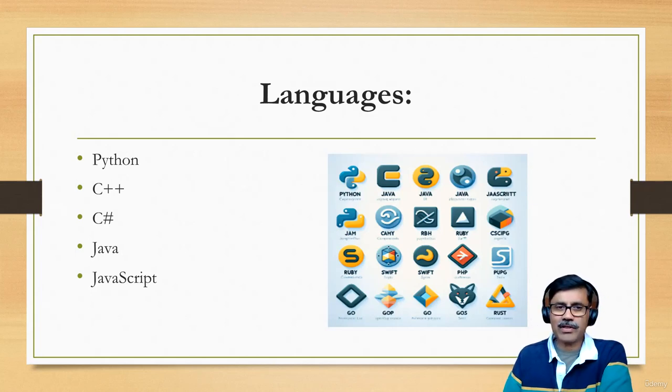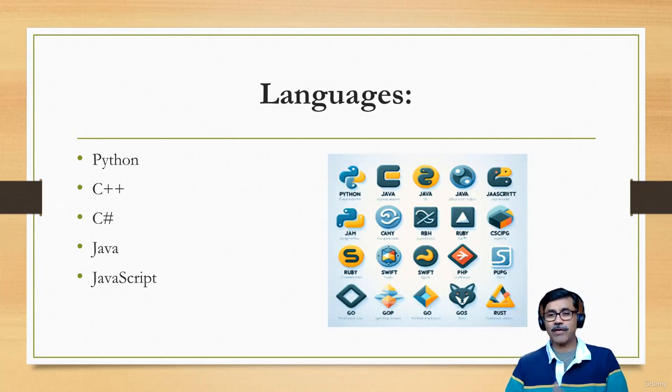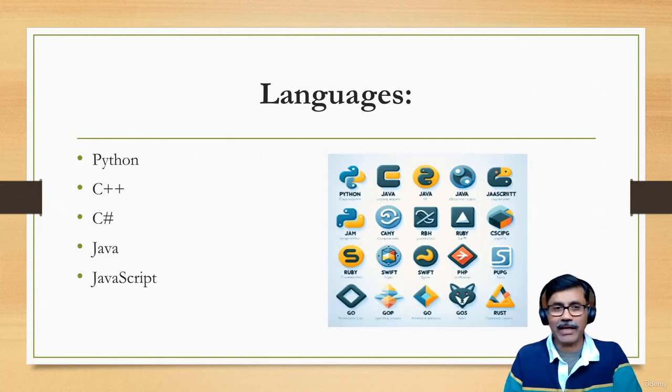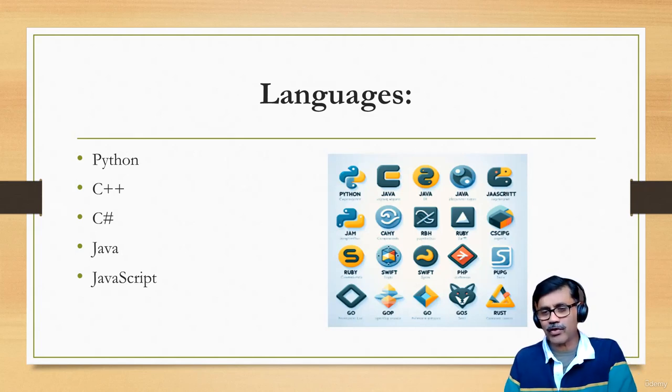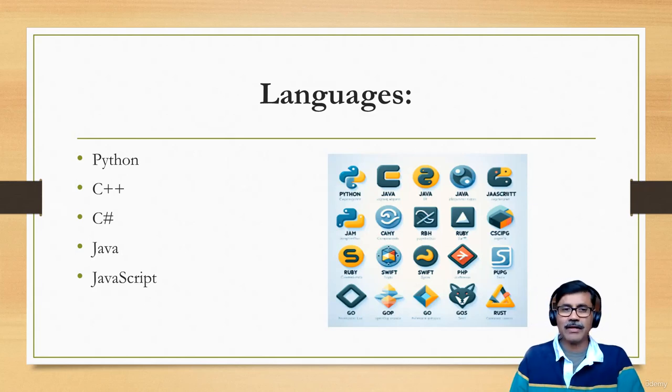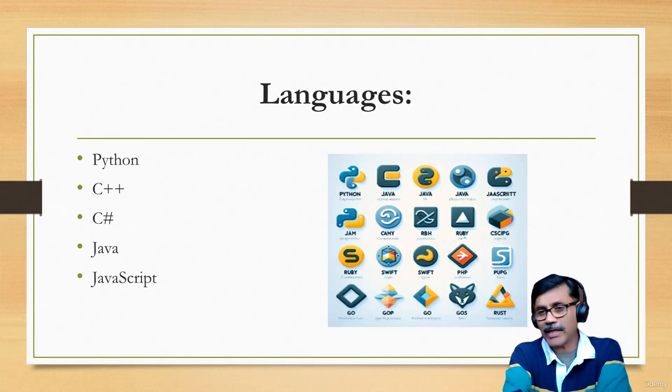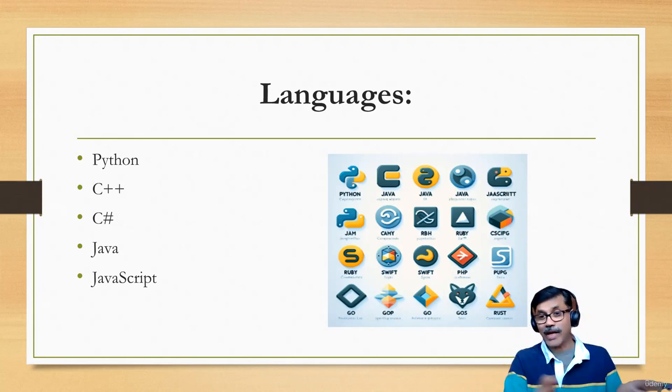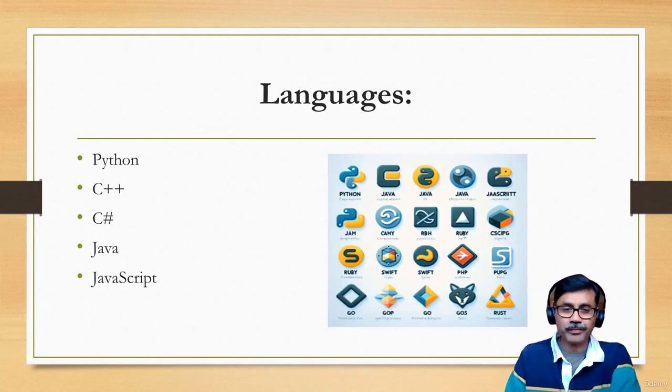C++ is usually used by software engineers in engineering applications. C Sharp is used by software developers to develop web applications or even mobile applications, right? Java, again, is used for both engineering and web applications. And JavaScript is primarily used to develop software that runs inside the browser, the front end, right?